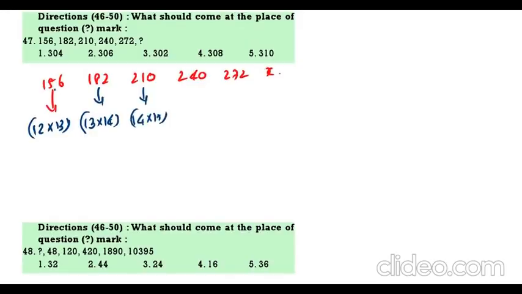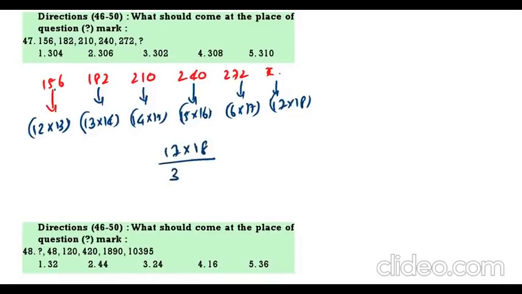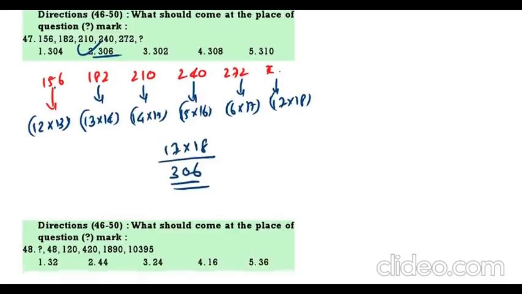So 12 into 13, 13 into 14, 14 into 15. Now 15 into 16, now 16 into 17, next one 17 into 18. 17 into 18 is what? This is 306. 306 is the correct answer. Next question.